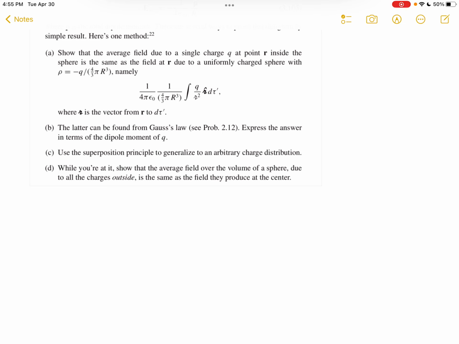So number one, they want us to show that the average field due to a single charge q at a point r inside the sphere is the same as the field at r due to a uniformly charged sphere with the charge density rho equal to negative q divided by 4/3 pi R cubed.